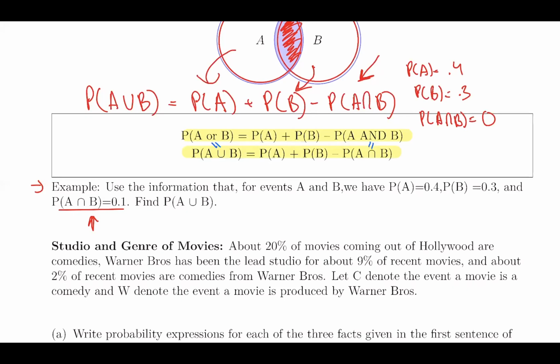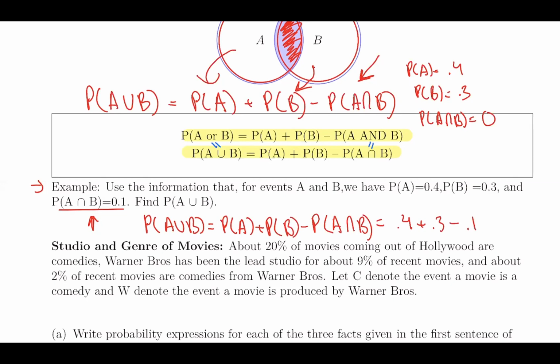Great. All right, so if you look at the problem, it says find the probability of A or B. The probability of A or B is equal to the probability of A, added to the probability of B, minus the probability of A and B. So the probability of A is 0.40, plus the probability of B, which is 0.30, minus the probability of A and B, which is 0.10 or 0.1.